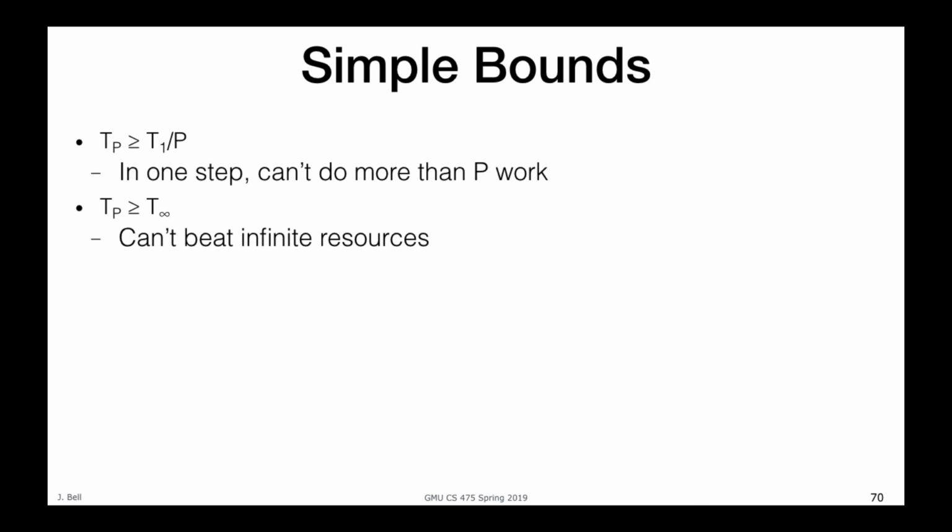But also, the time to execute the program on those P processors can't be less than the time to execute the program on our infinite number of processors. So there's no way that we can beat the infinite resource argument. So if we model things in that infinite resource world, we know that we're looking at the best case scenario.